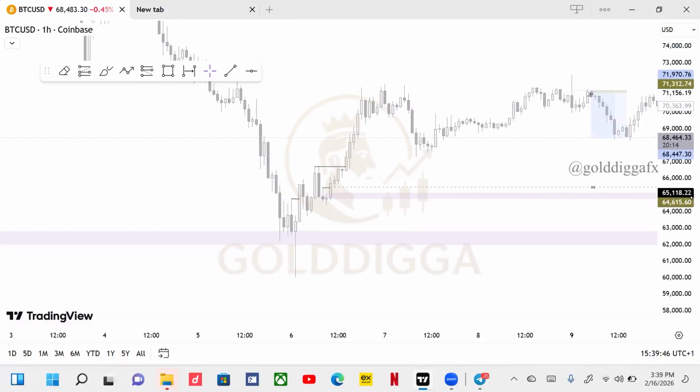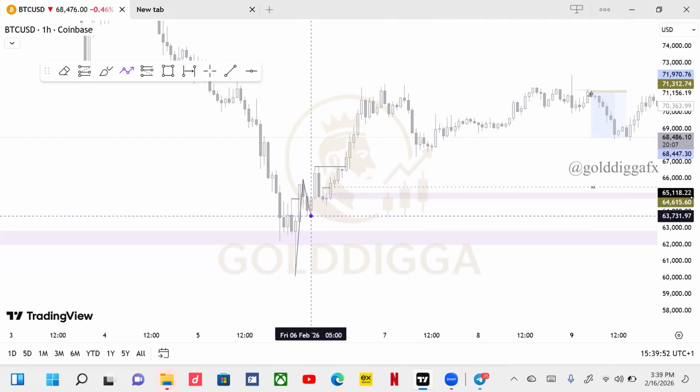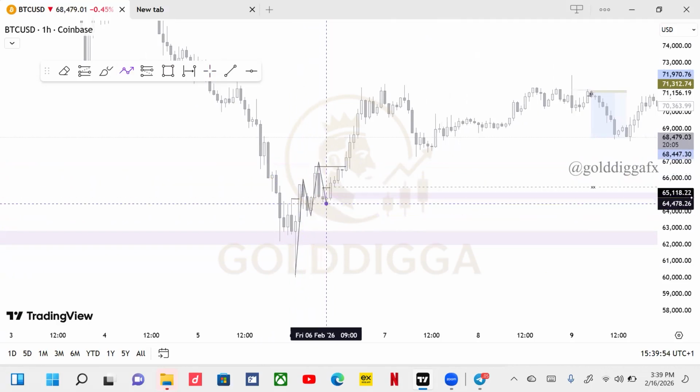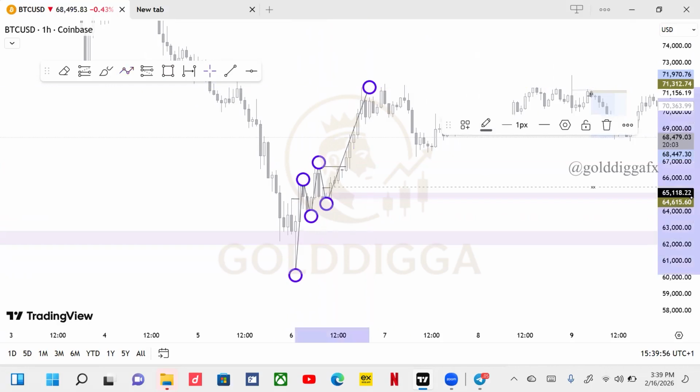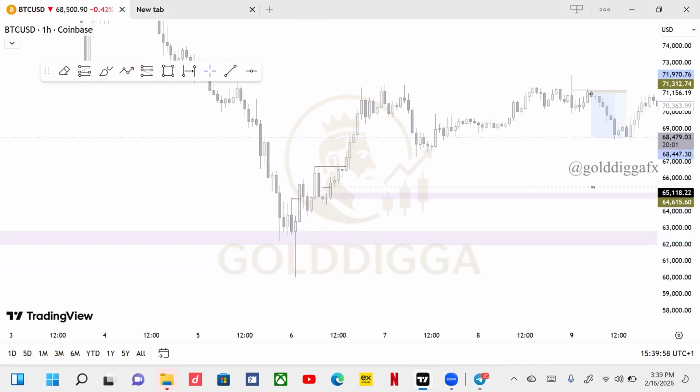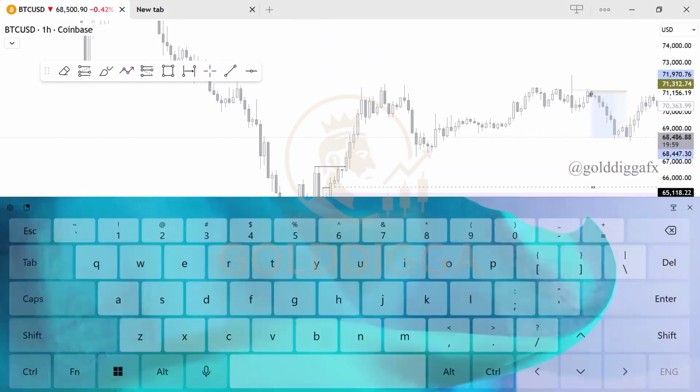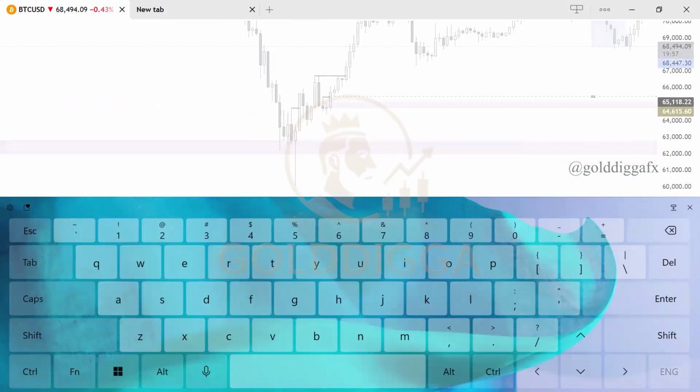We had a trend forming here. So we had a low, a high, a low, a high, a low, a high, right? So when I saw this, all that I wanted to see was which liquidities were inside the range for me to sell.